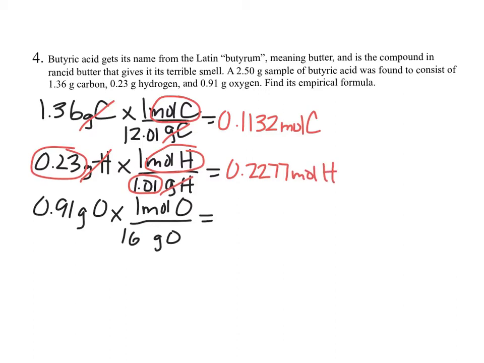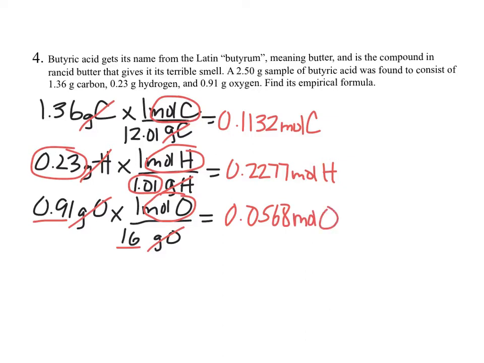And the last one, grams of oxygen cancel out, units of moles of oxygen are what I'm looking for, and 0.91 divided by 16 ends up being about 0.0568 moles of oxygen.